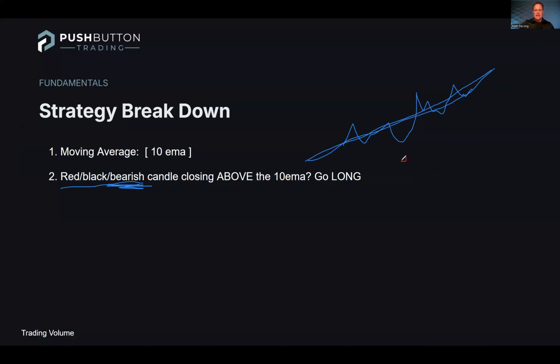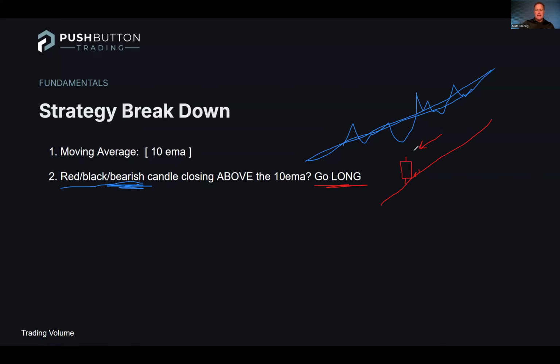All right, so let's say that this is a bearish candle, a red candle, or a black candle. I prefer black and white candles myself, but let's say it is a red candle. If you like purple, then it's purple. And in this case, in order to go long, we want a red candle closing above the 10 EMA.